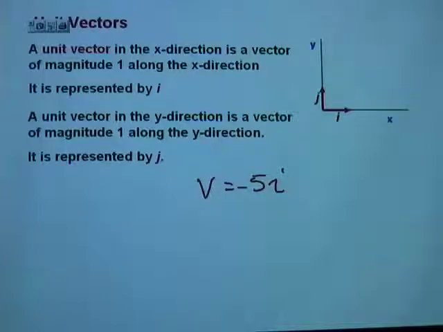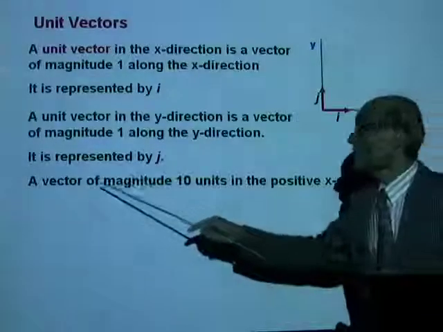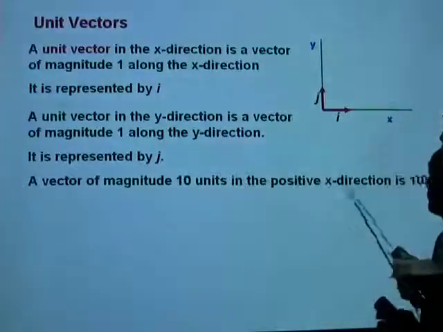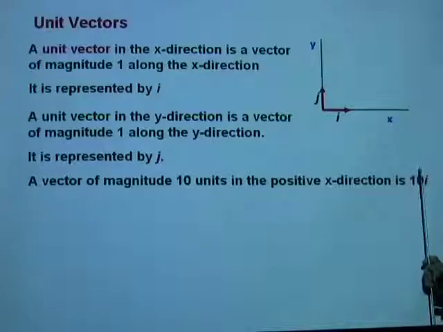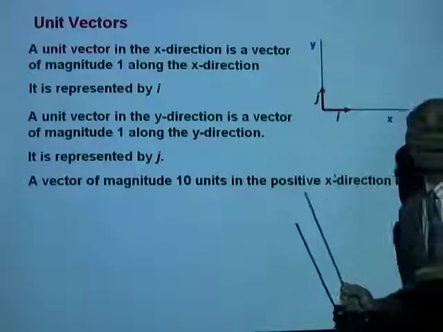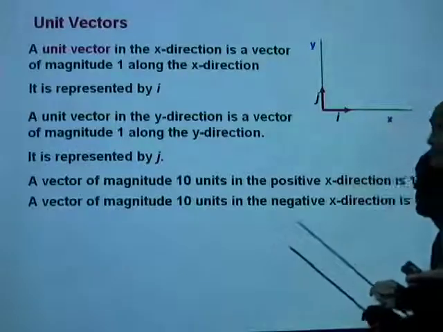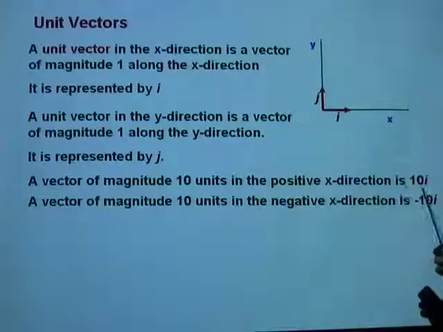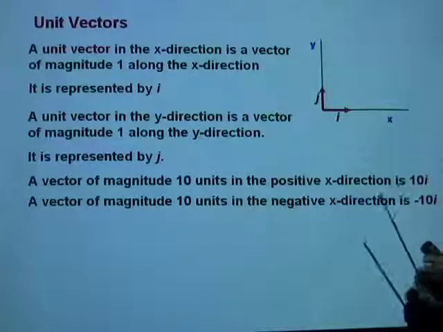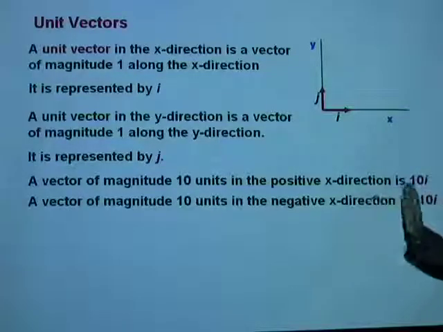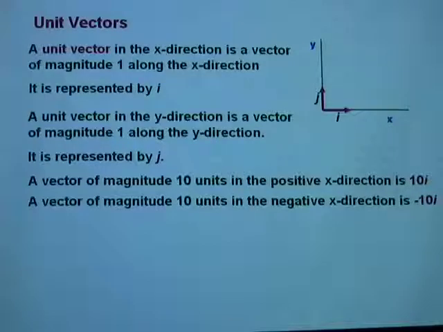Okay, we will be using all these concepts as we go on. A vector of magnitude 10 units in the positive x direction is 10i. A vector of magnitude 10 units in the negative x direction is negative 10i. Now I think that those numbers have gone off the screen.